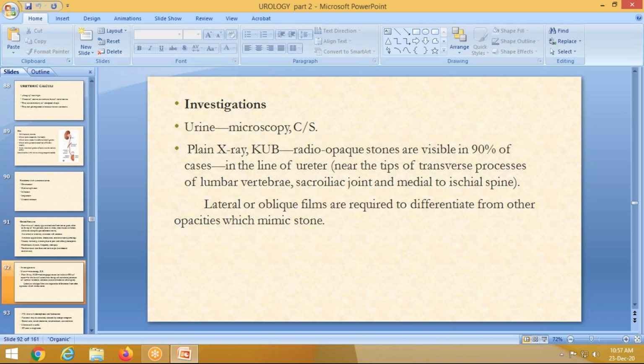Sometimes you can take not only the anteroposterior view but also lateral as well as oblique views, to differentiate from other opacities that mimic stones. Mostly you do the PA view, but sometimes you should also take lateral and AP views of the plain X-ray of the abdomen.